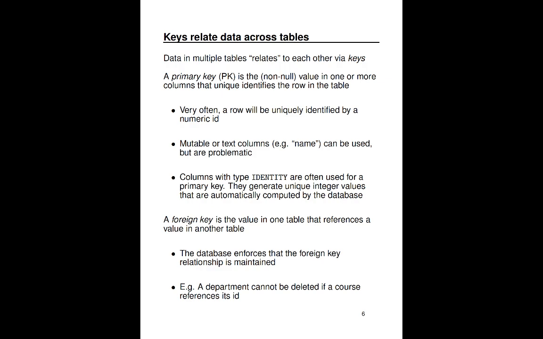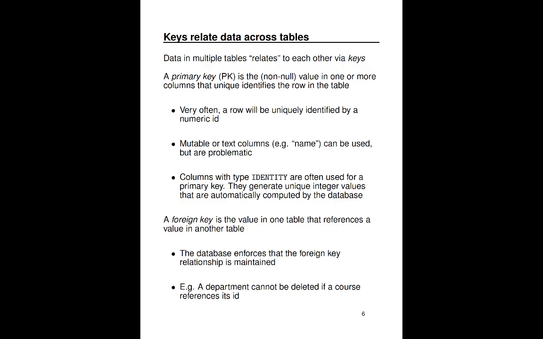Now, very often you'll want to have a primary key which is simple data, a number. You could use text data like a name, or some other piece of data which can change, something that's mutable, but that becomes problematic over time. For text columns, text tends to be larger than numbers. It's more expensive to compare them to make the reference between tables.